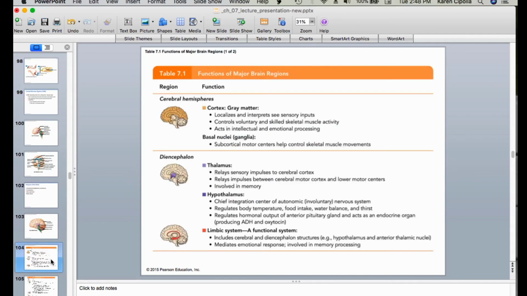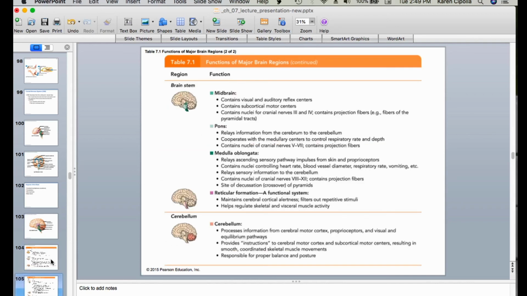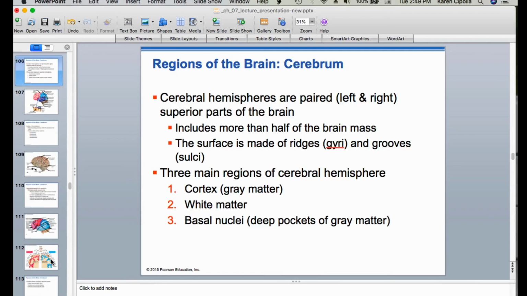The next stage is to look at the actual structures of the brain. You will do this through your lab experience. Table 7.1 here has the structures within the brain: the cerebral hemispheres, the diencephalon, the hypothalamus, thalamus, and the limbic system. The brainstem, consisting of the midbrain, the pons, and the medulla oblongata, and the cerebellum.